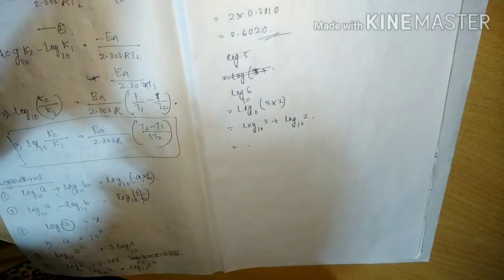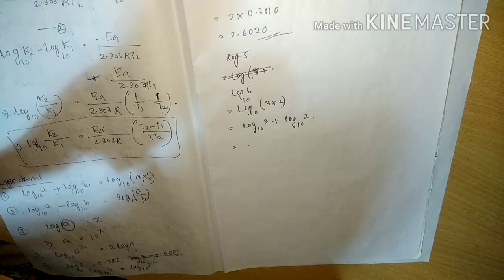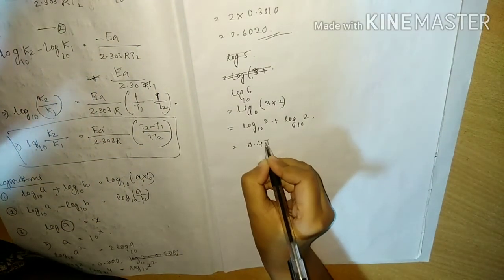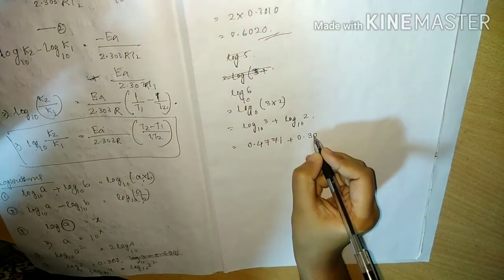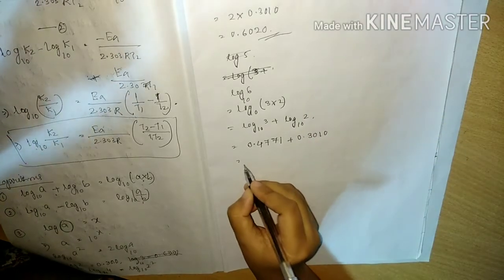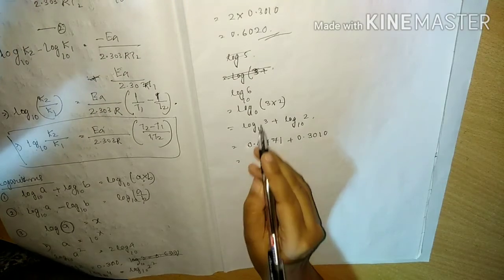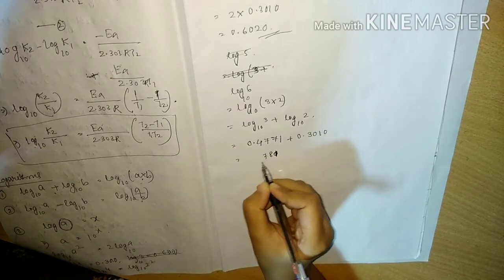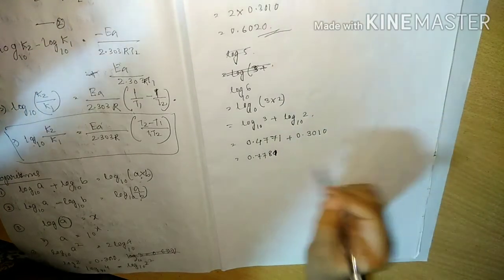The log 3 value is 0.4771 plus 0.3010. We add these and get the value of log 6 as 0.7781.